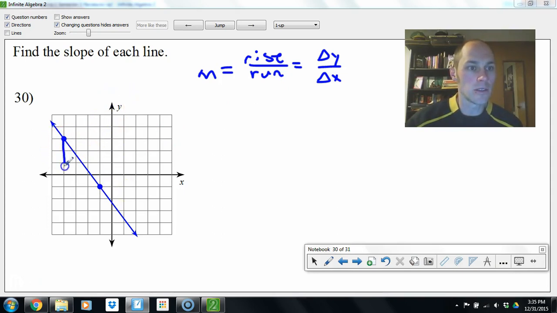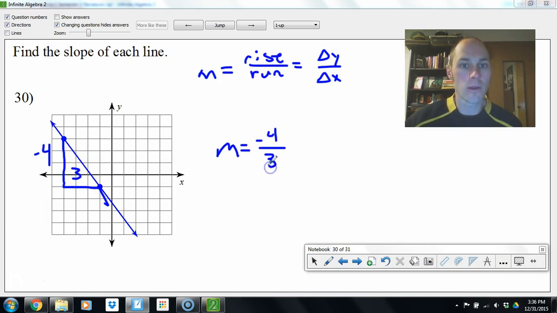So I count 1, 2, 3, 4. It's going down, so it's good to check the line. It's negative. So this is going down 4. And then it goes over 1, 2, 3 units. So it's rise, it drops, it's negative. So negative 4 over 3. That can't be simplified, so we could just leave it like that.